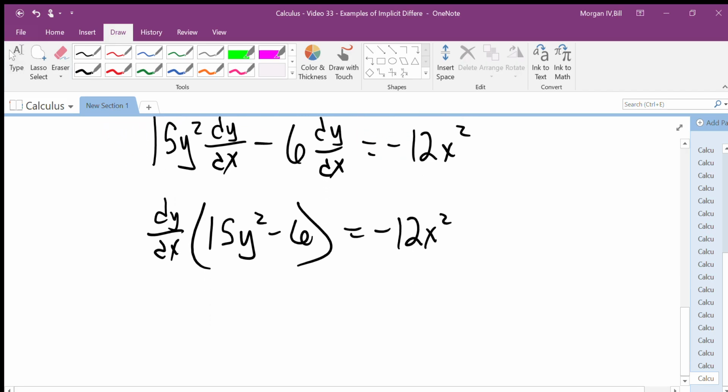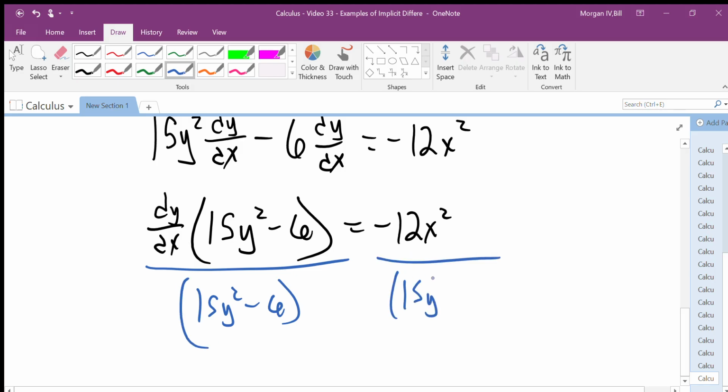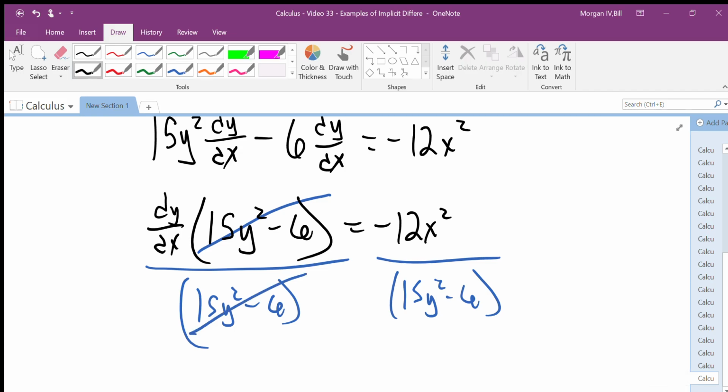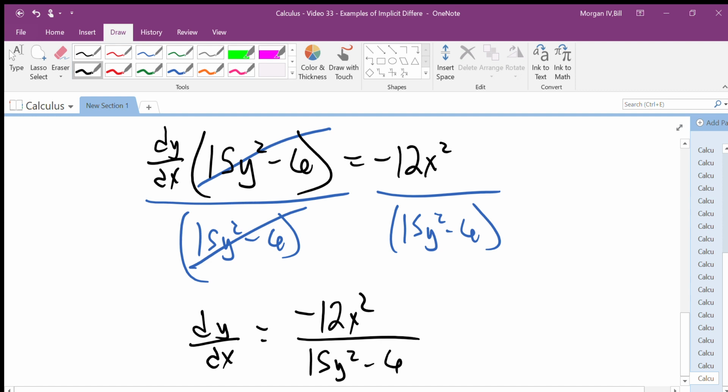Okay, and then I have dy dx times 15y squared minus 6, so to get rid of that, we will divide both sides by 15y squared minus 6. That cancels here, leaving my left-hand side with just dy dx, which is what I wanted, is now equal to negative 12x squared over 15y squared minus 6.